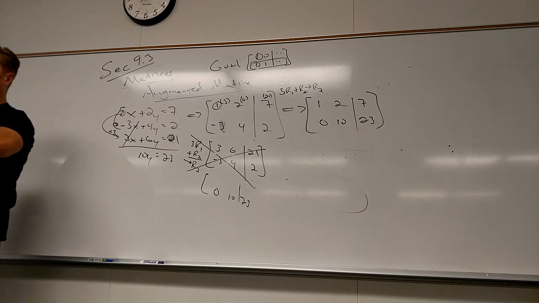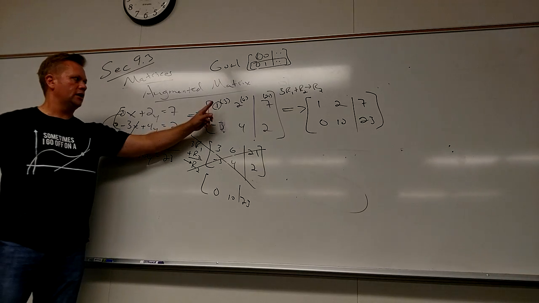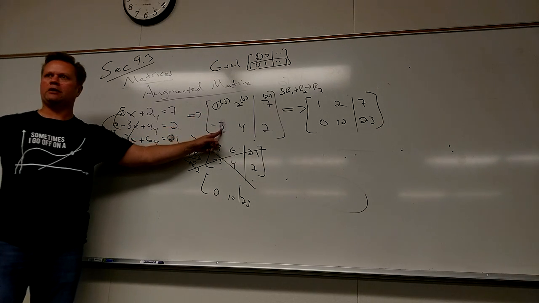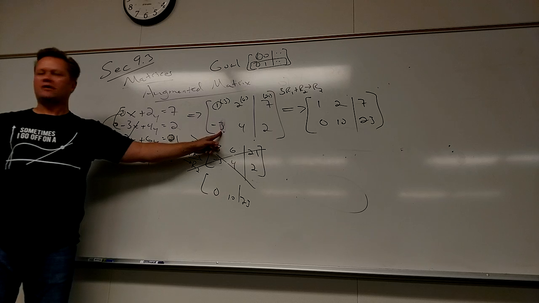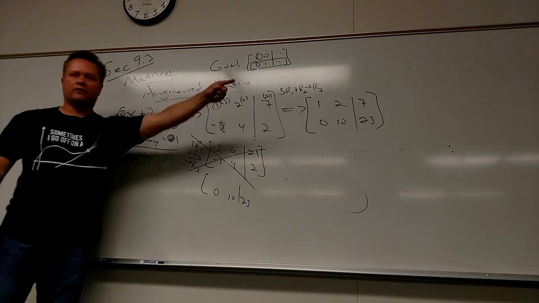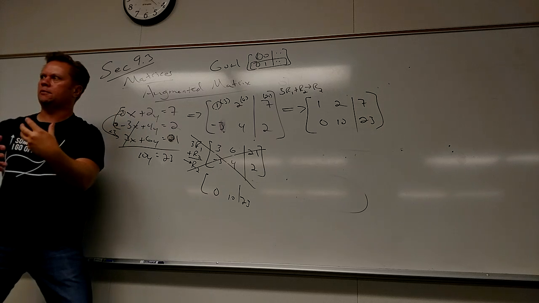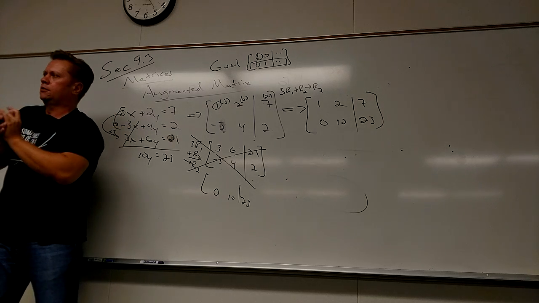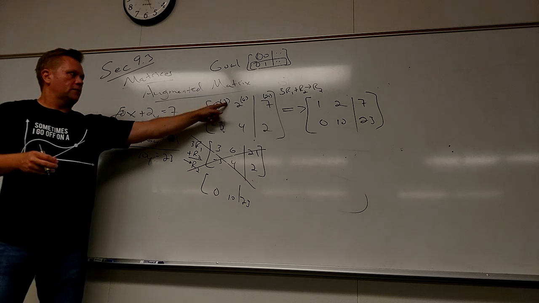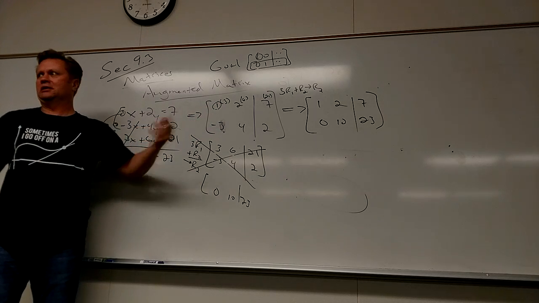It refocuses us. If I have a 1 somewhere, it can be used to kill anything else above or below it. If I had a 5 above it, I can multiply this by -5 and kill it. I'm trying to make zeros. What's the easiest way to make zeros? If I had a 1. Because what can a 1 do? It can become anything I want it to be, easily.